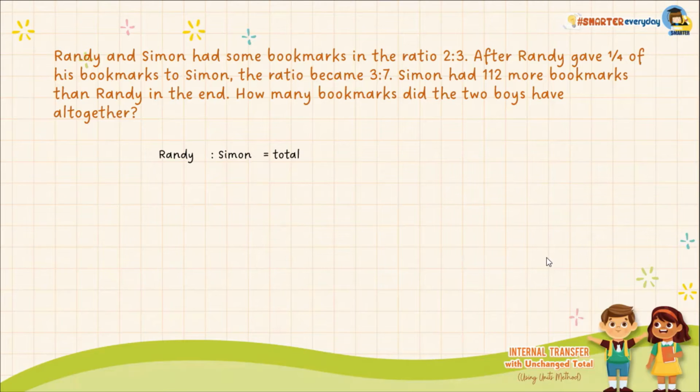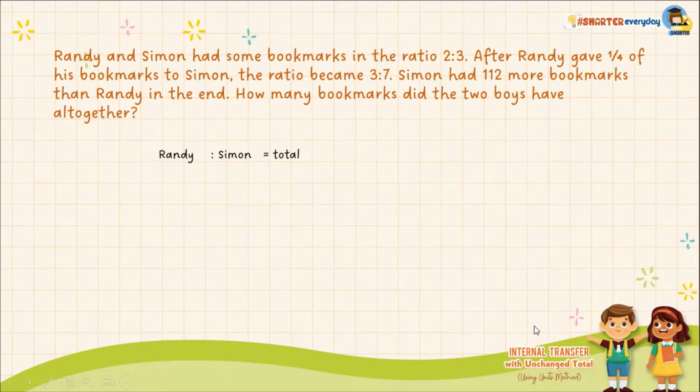In here, we know that Randy and Simon had some bookmarks in the ratio 2 to 3. That means 2 belongs to Randy because that's the first number written, and Randy is also mentioned the first time. So 2 belongs to Randy and 3 belongs to Simon.